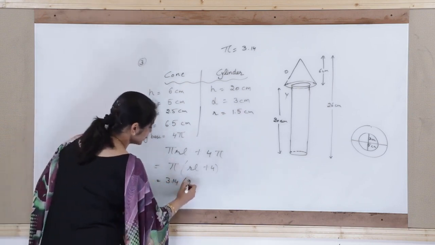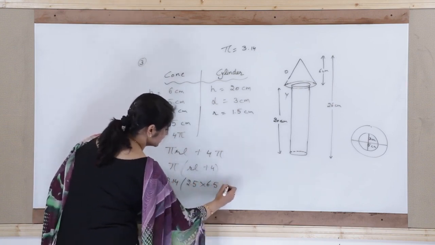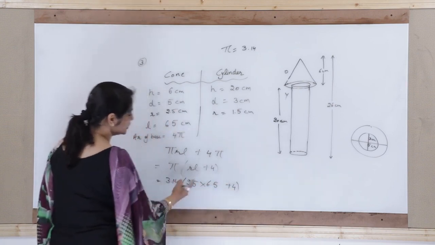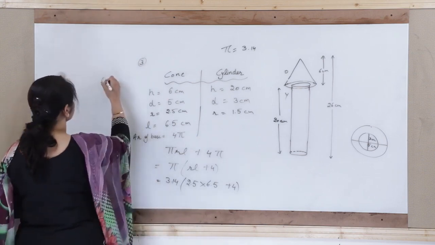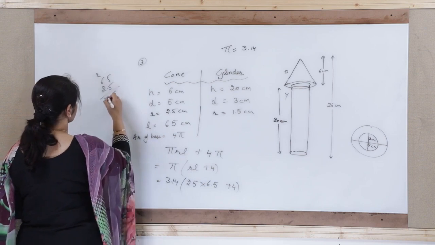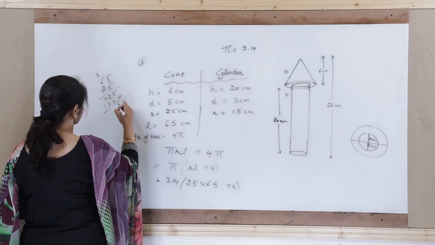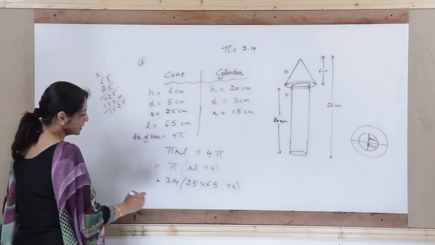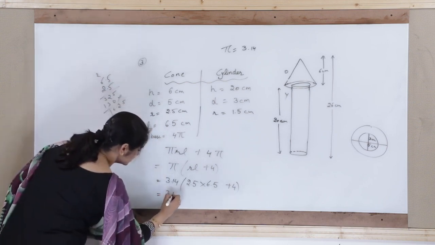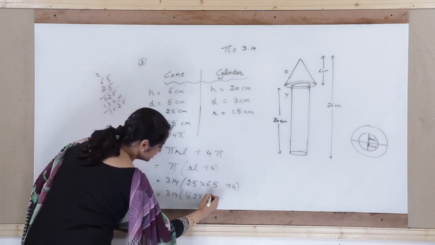R here is 2.5 and L is 6.5, plus 4. Now we need to multiply 6.5 by 2.5. It will give us 16.25 plus 4.